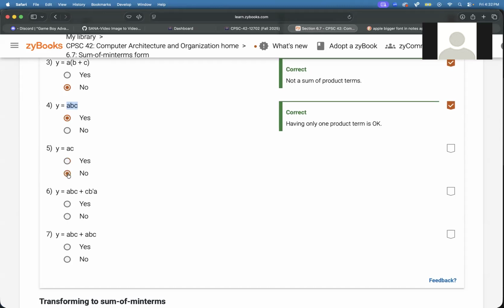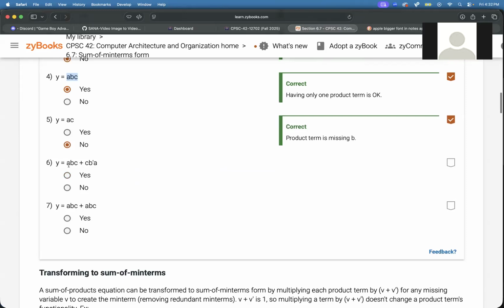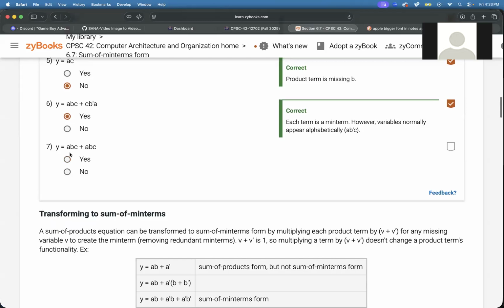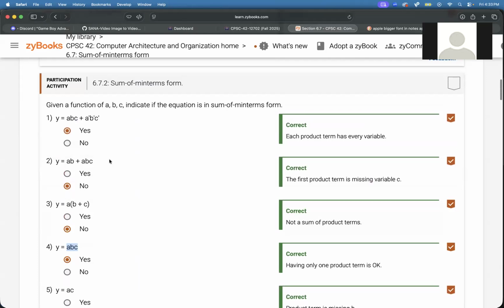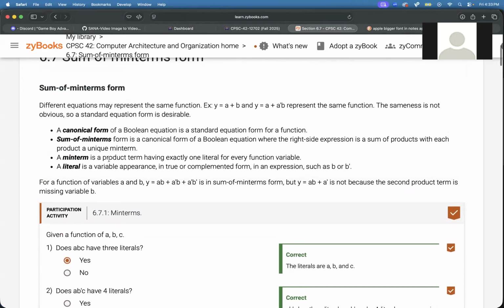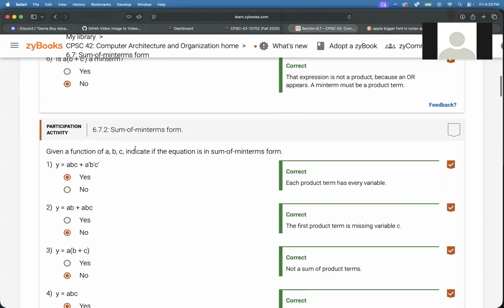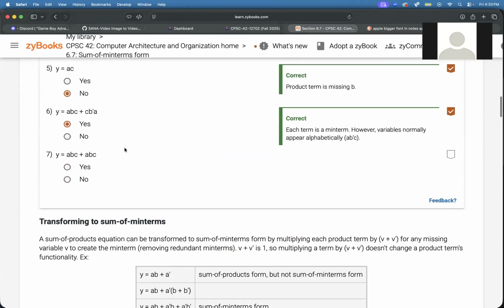Nope, missing the B. Sum of min terms? Yes. They didn't write this one in alphabetical order, but that shouldn't matter, right? ABC plus ABC. Did they say anything about repeating? We'd have to check their rules here. The right side expression is a sum of products with each product a unique min term. So those are not unique, so that's no.